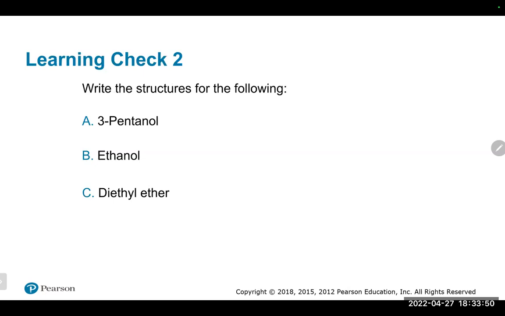All right, so let's draw some structures here. Let's do 3-pentanol, ethanol, diethyl ether. Let's do 4-bromo-2-pentanol. You can draw the condensed structures for this, that is fine.